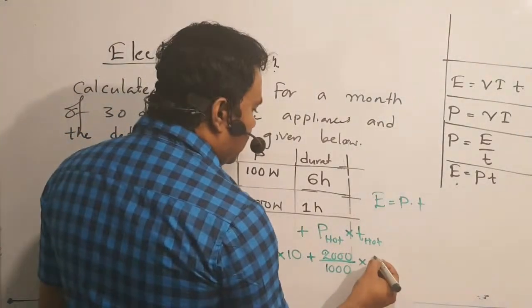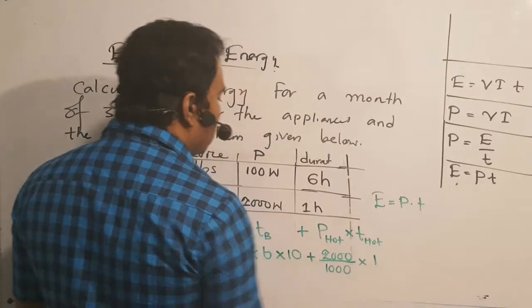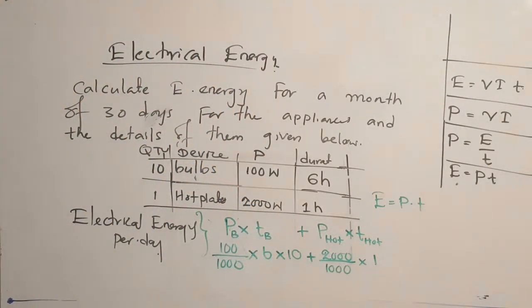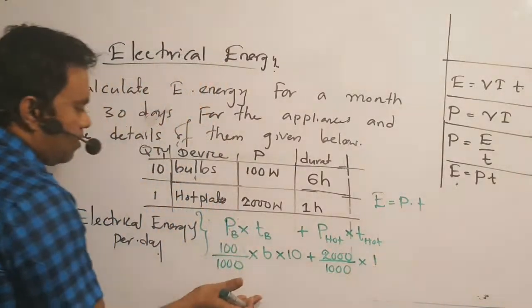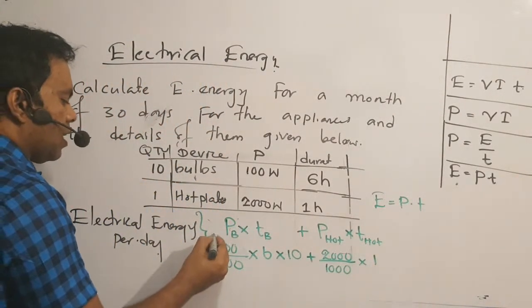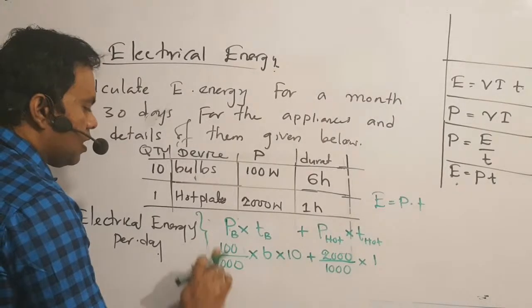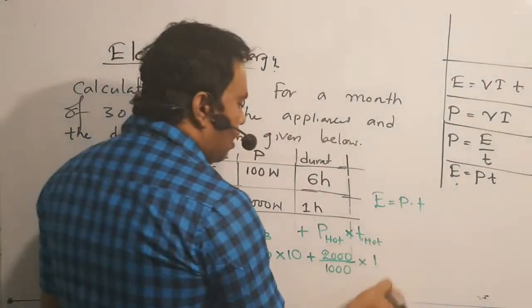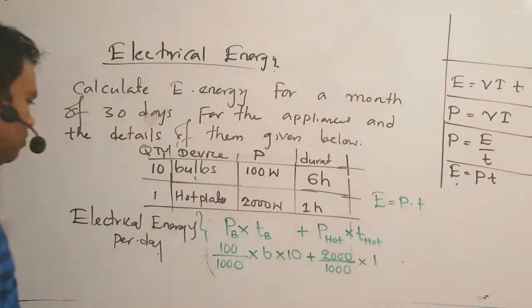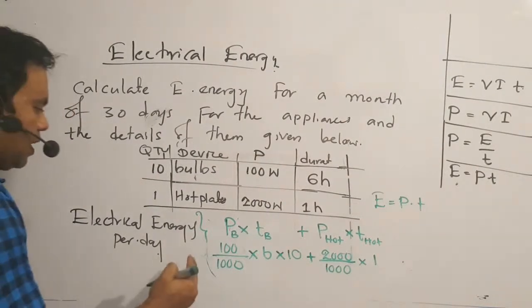The duration is given in hours, so no need to convert. So this is per day. For 30 days, we have to multiply this expression by 30. That's the only thing we have to do.